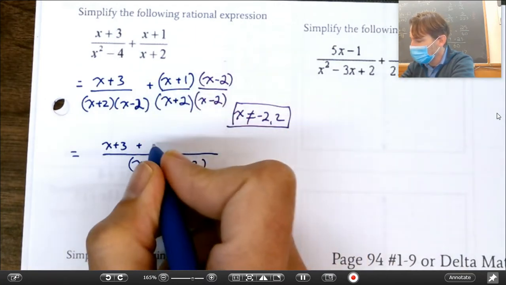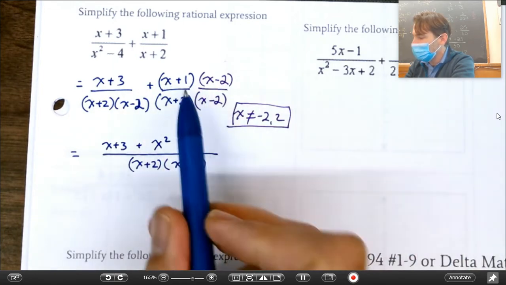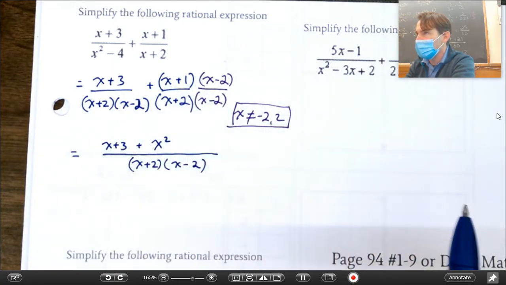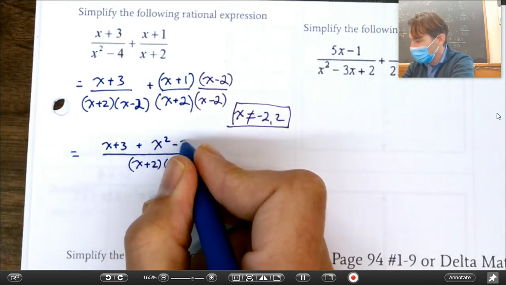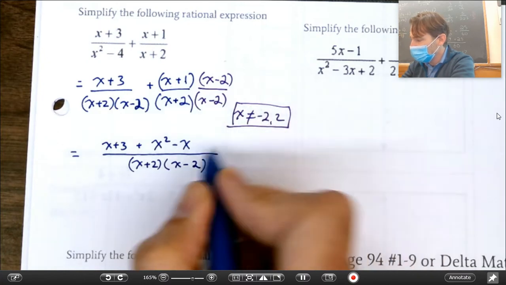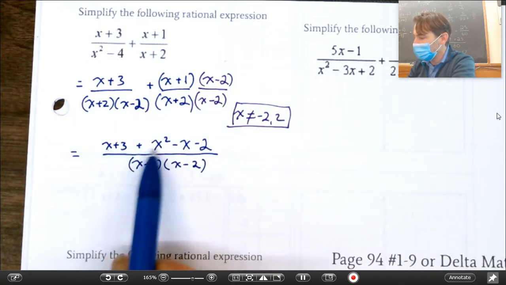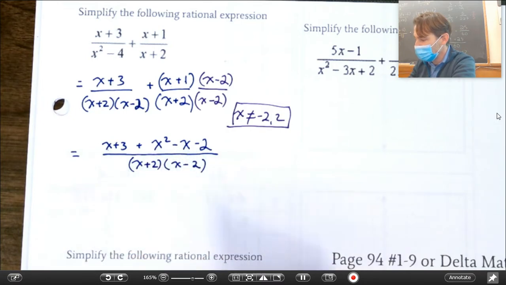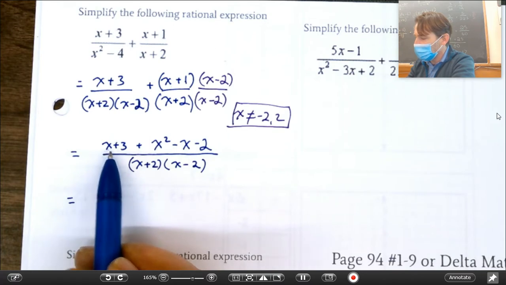X times x is x squared. X times -2 is -2x. 1 times x is 1x. So I have negative x, -1x. And 1 times -2 is -2. So now I have x plus 3 plus x squared minus x minus 2. So let's bring that down to another line and collect our like terms.